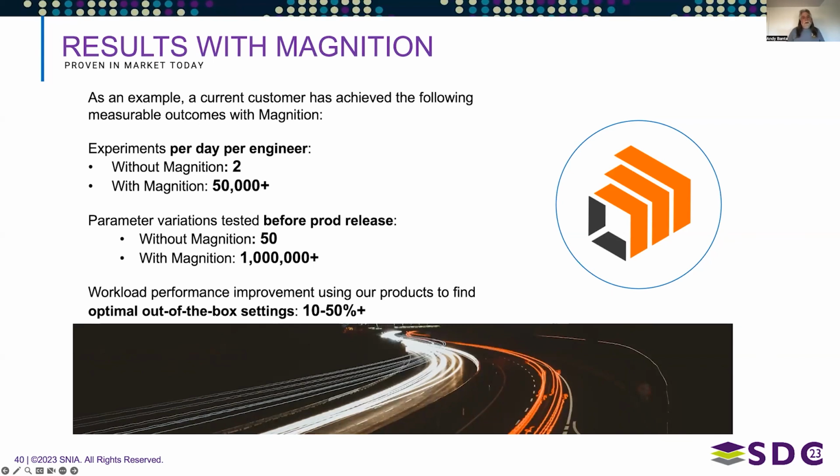Over the course of the project, before they started working with us, they'd run about 50 experiments on the various different ways that they were doing caching. After we were done with the project, they'd run millions of simulations and actually saw double-digit improvements in their cache performance before shipping the product.